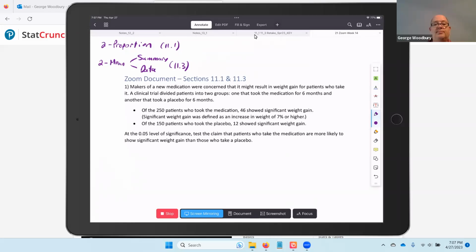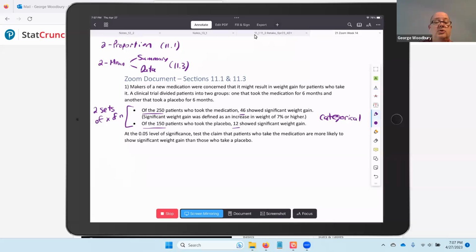So the first problem, when I read through it, the first thing I notice here is I have two sets of sample data, X out of N, 46 out of 250 and 12 out of 150. The variable in both cases is categorical.